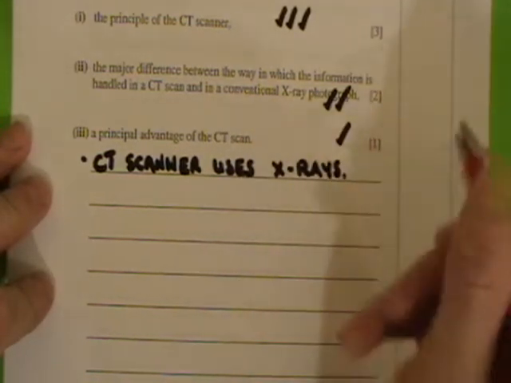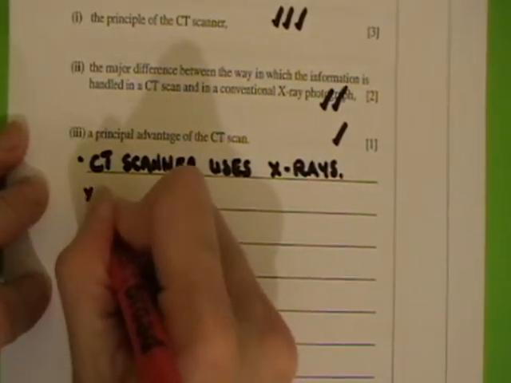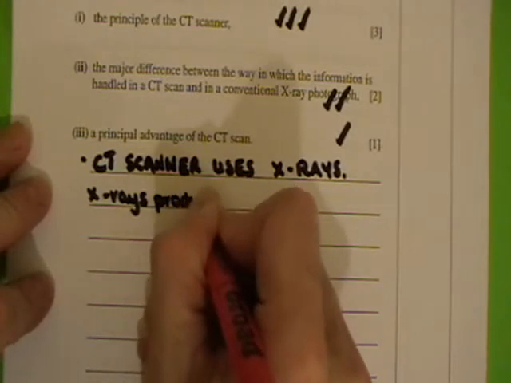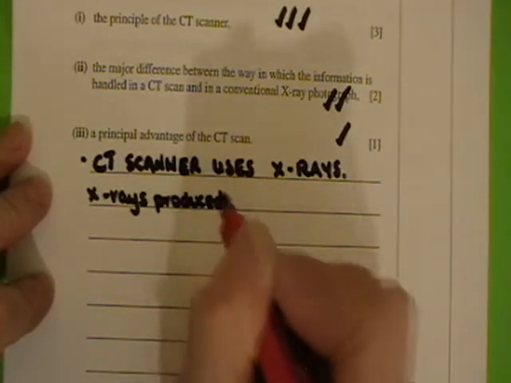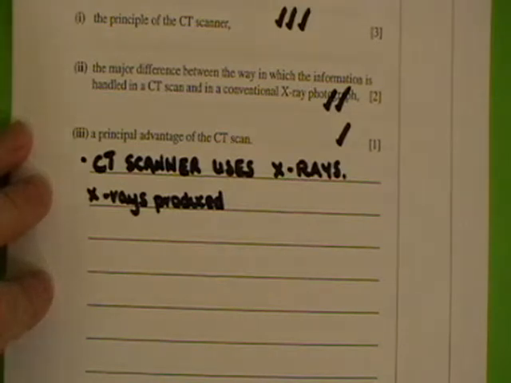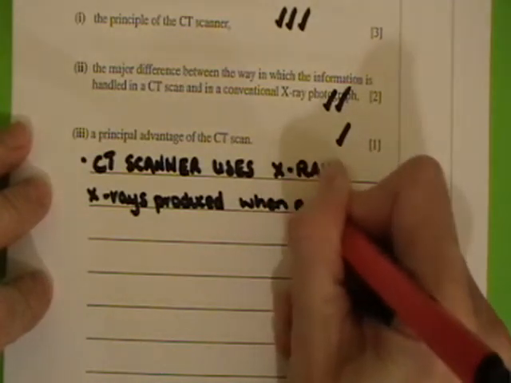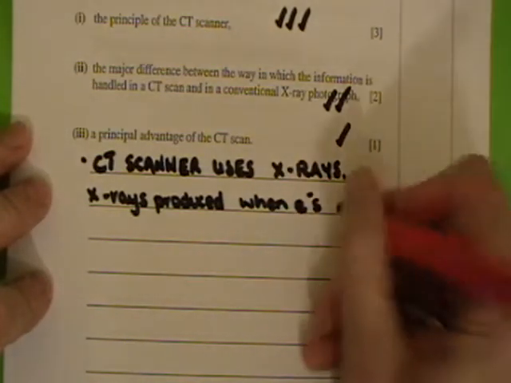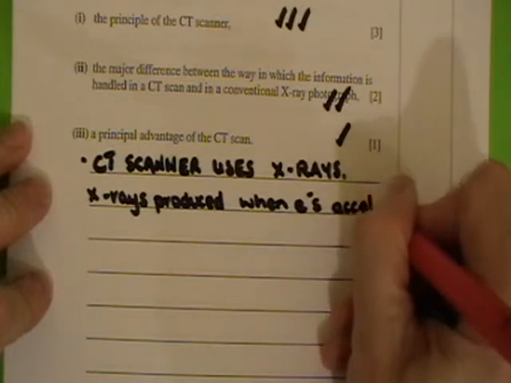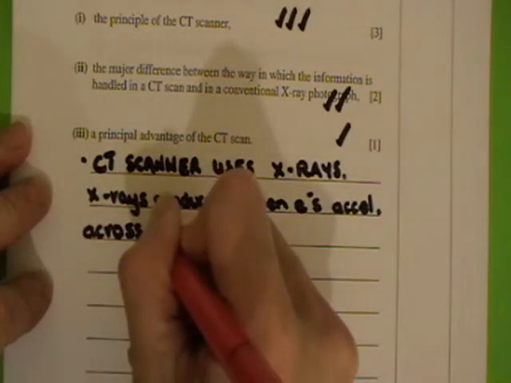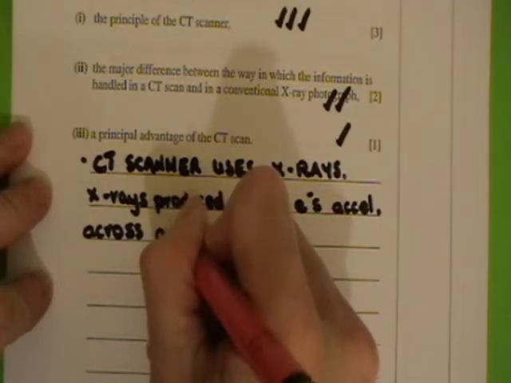and then the fact that the X-rays, how they're produced. Now you may not need this to get this mark, but I just think it's important that at least you understand it or try and explain it. So they're produced when electrons are accelerated. I'm just going to write electrons accelerated across an X-ray tube or a vacuum.